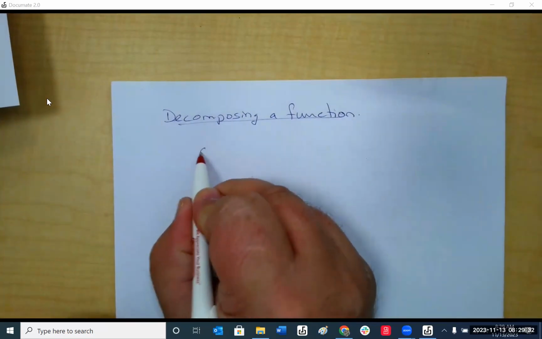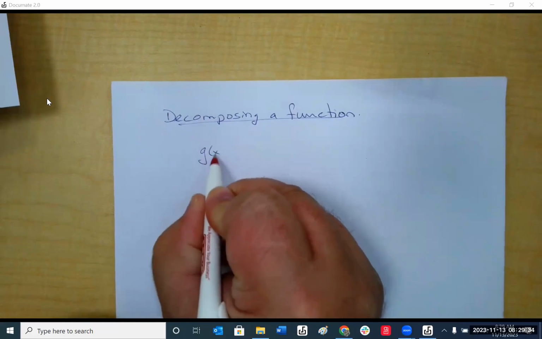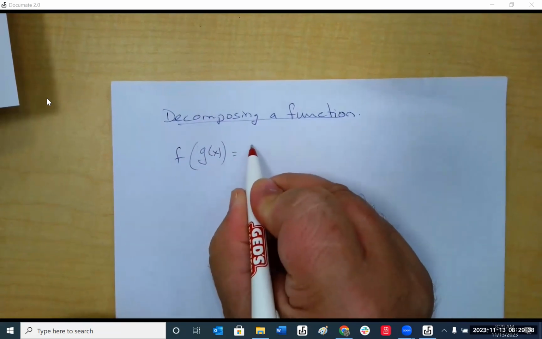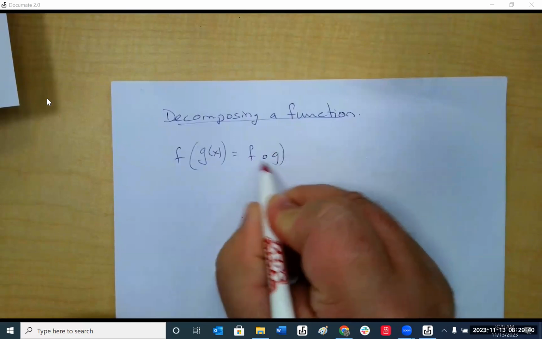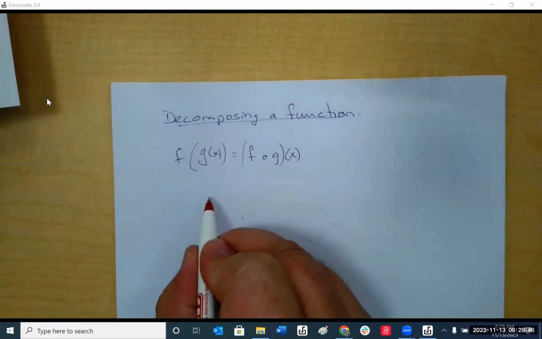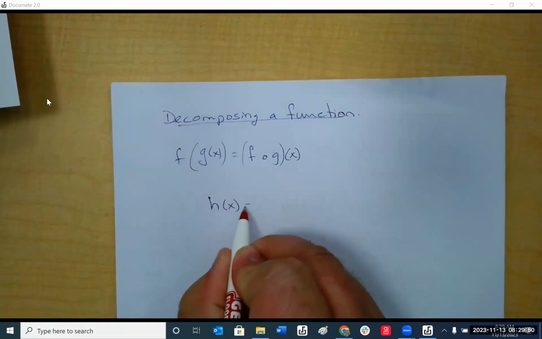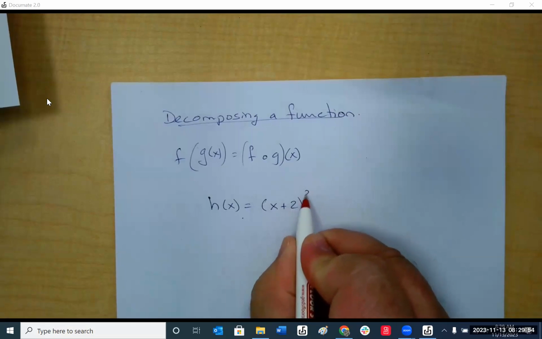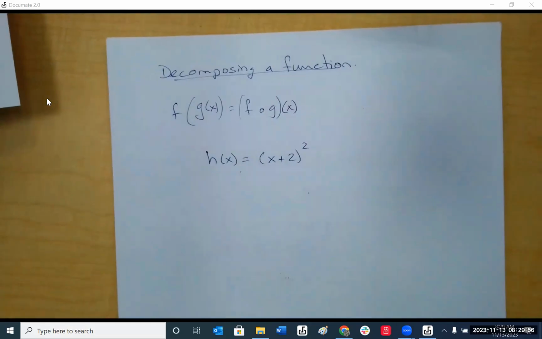What this means is if I have f of g of x, can I break it up into its individual equations? For example, let's say our function h of x was x plus 2 squared. Is this a function within a function?